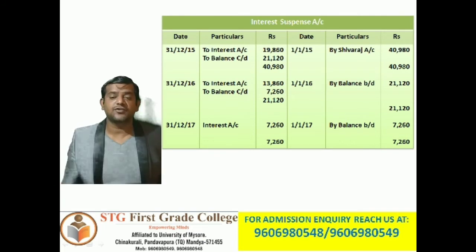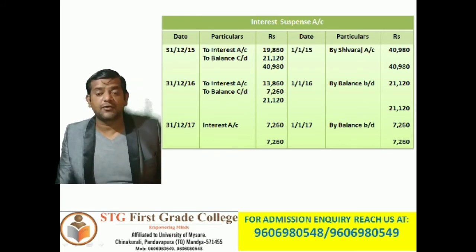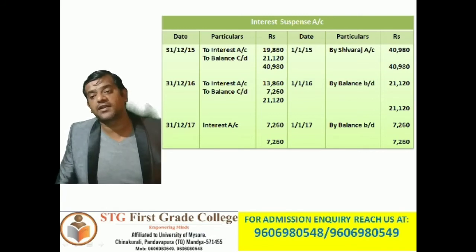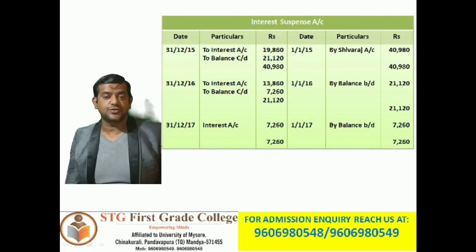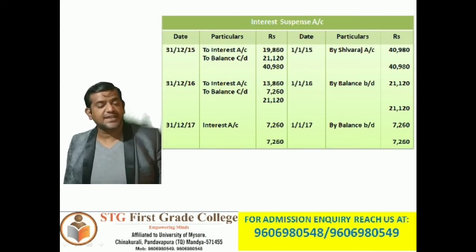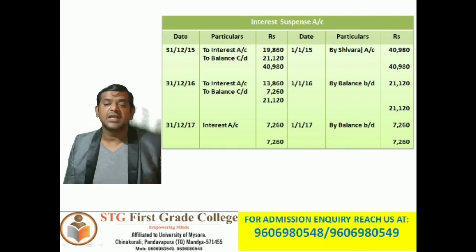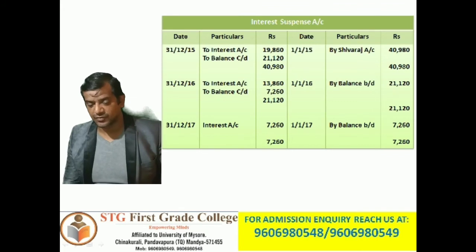On 1/1/2016, credit side by balance brought down 21,120 rupees. 31st/12/2016, to interest account 13,860. To balance carried down 7,260. Both side totals 21,120, 21,120.